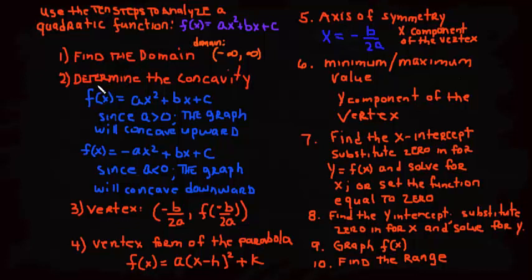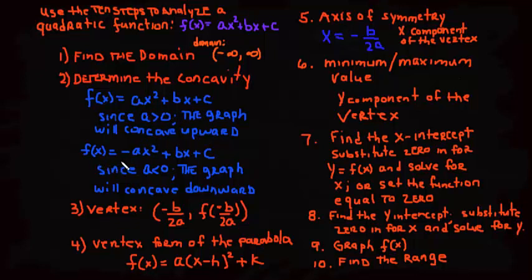Number 2, we want to determine the concavity. So when you have this type, ax squared plus bx plus c equal to f of x here, since a, this coefficient of the term, a is greater than 0 for this type of function, the graph will concave upward.